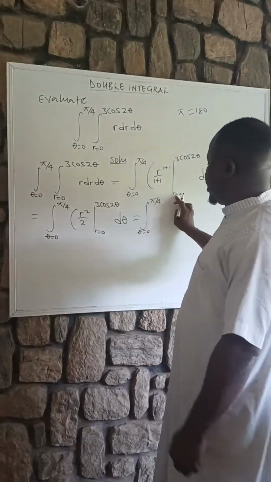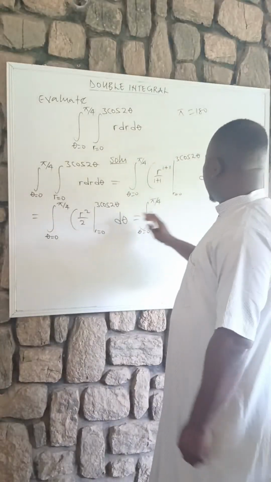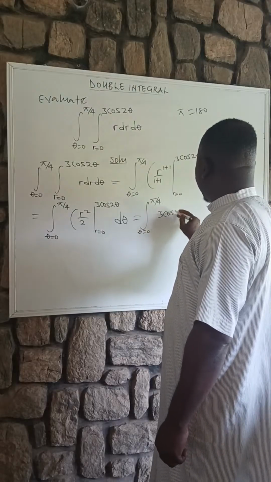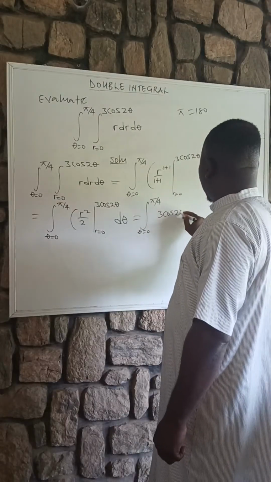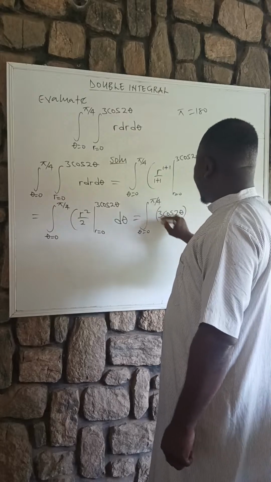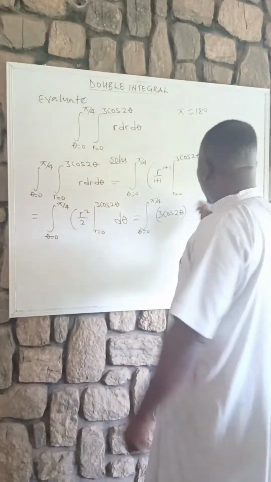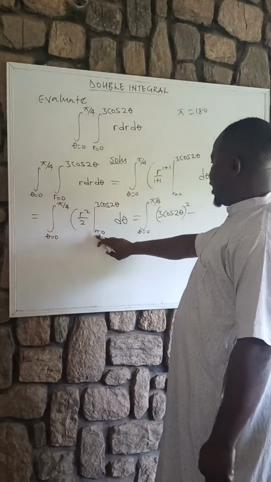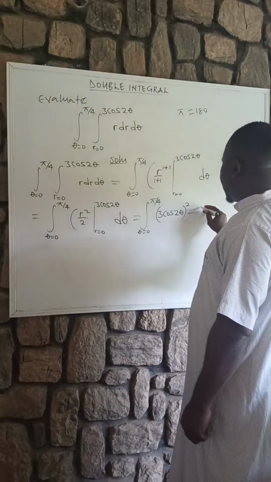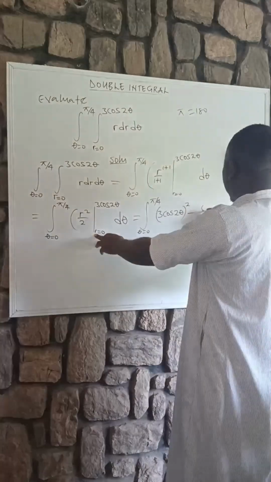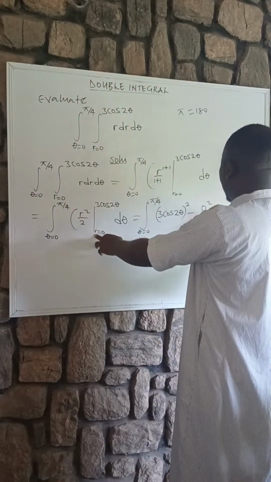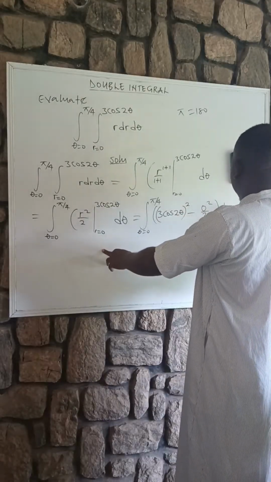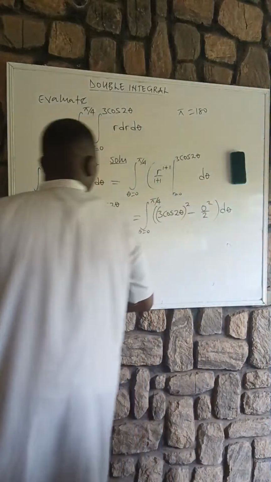Since the lower limit is 0, you are going to have (3 cos 2 theta) squared over 2, since r is raised to power 2, minus 0 squared over 2, all in bracket d theta.